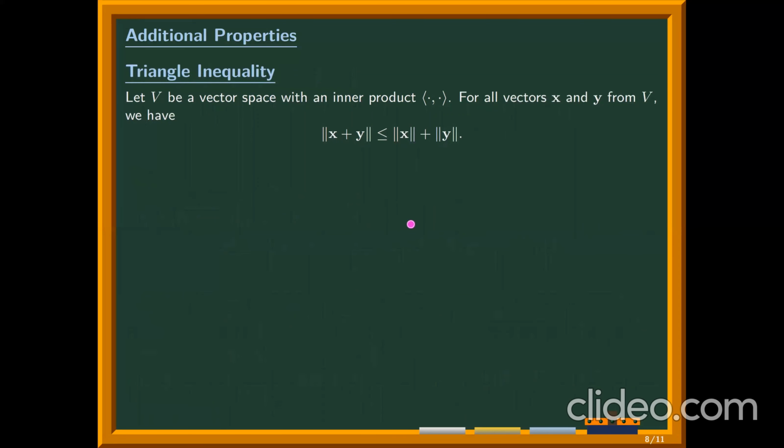An important application of the Cauchy-Schwarz inequality is the triangle inequality. We are familiar with the triangle inequality for real numbers, with respect to the absolute value. In fact, an analog of that inequality can be obtained for vector spaces with a well-defined inner product or well-defined length. These quantities here are lengths of vectors.